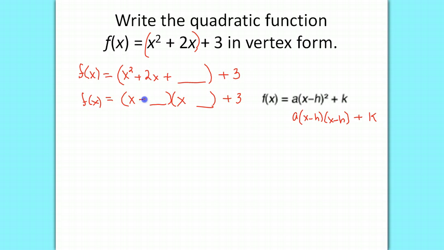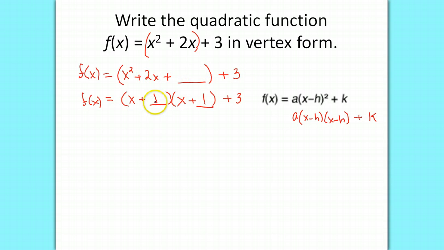So if we do plus 1 and plus 1, notice how if I FOILed this, I'd get my plus 1x, and another plus 1x would give me my plus 2x in the middle there.